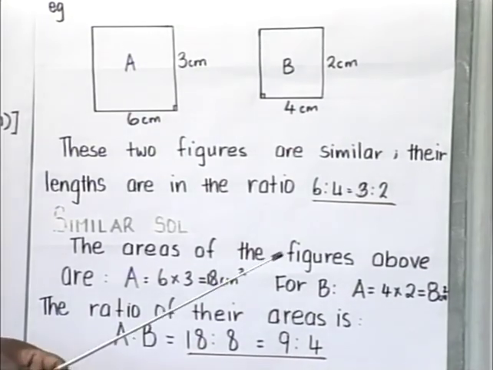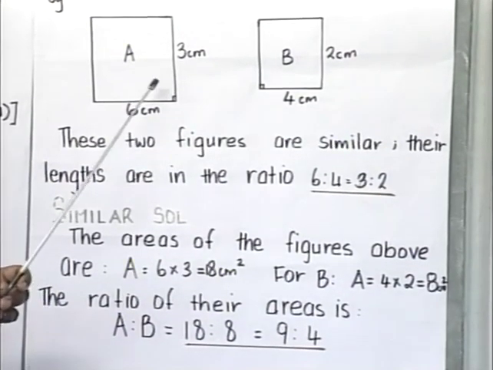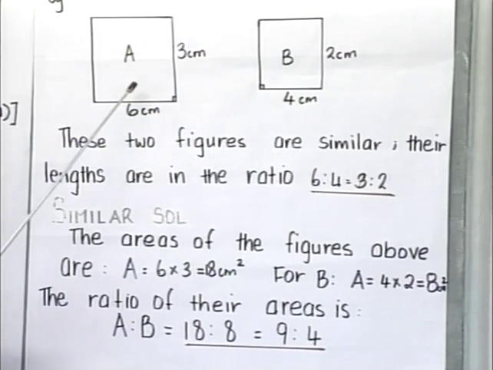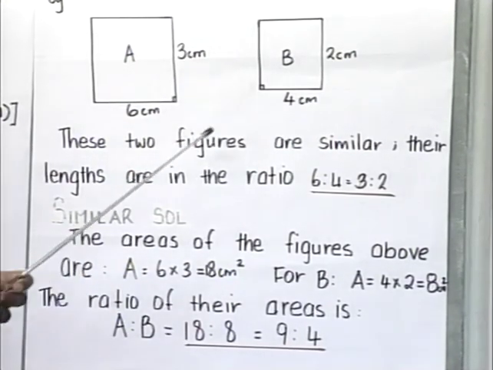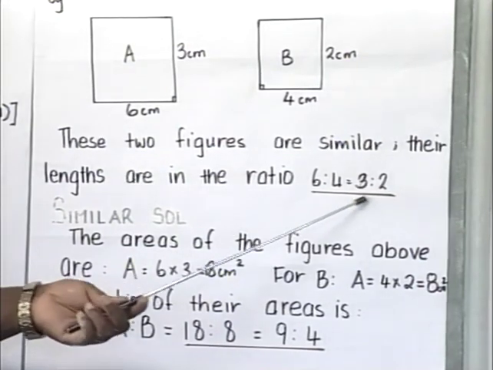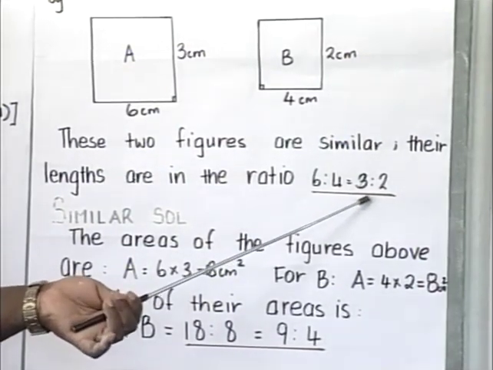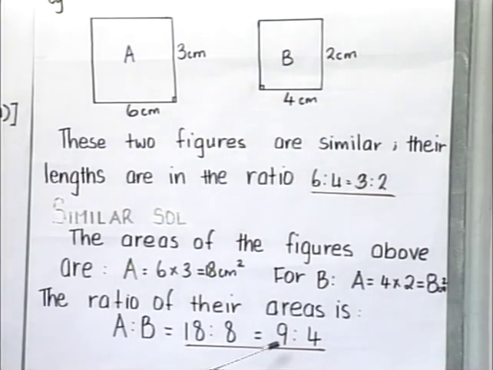And if you compare the ratio of the length of A to B, whether it's the width or the length, you will find that the ratio of the length is 3:2, and the ratio of the area is 9:4.